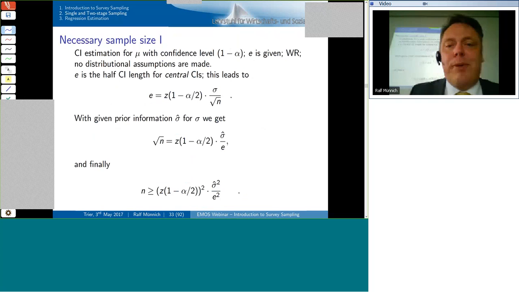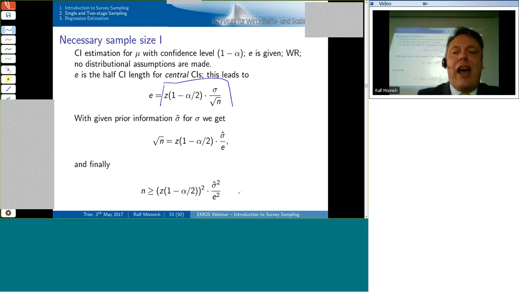Where do we need that in practice? In general, if you're in survey practice, you try to construct a necessary sample size. A necessary sample size means for us that we need a margin of error, something like that. And one idea of constructing that is taking either the length of the confidence interval or half length of the confidence interval, which we did here.